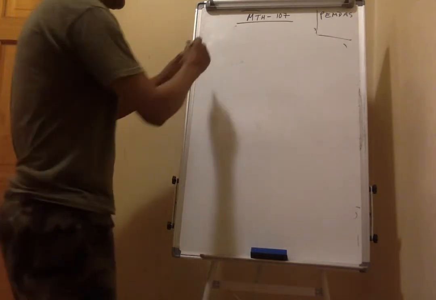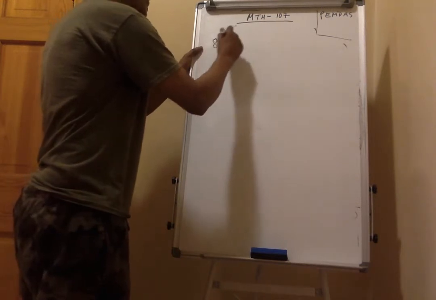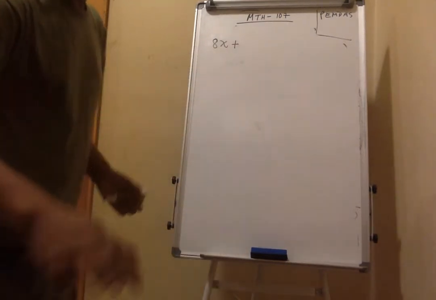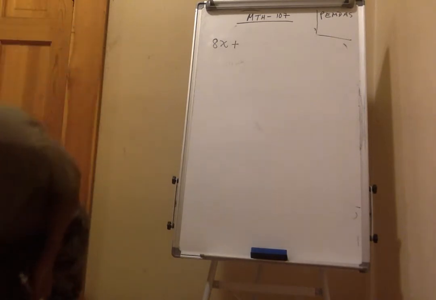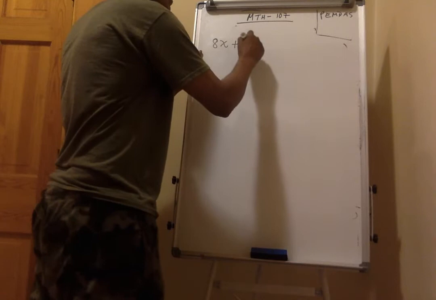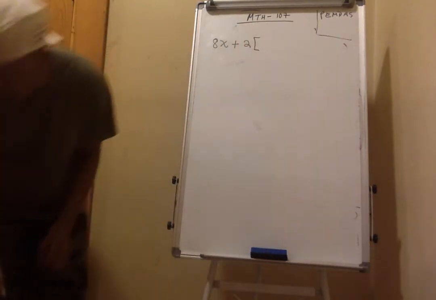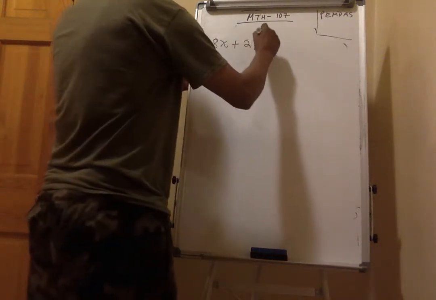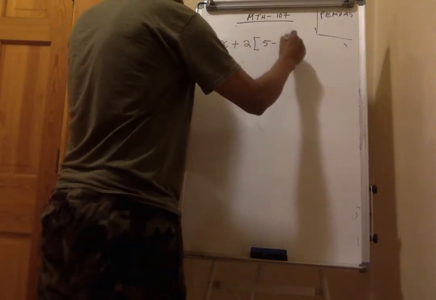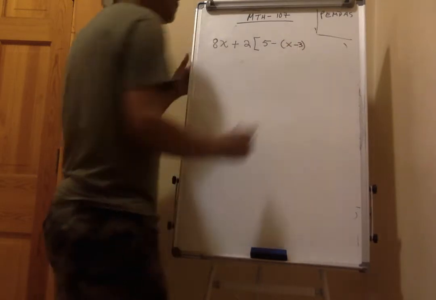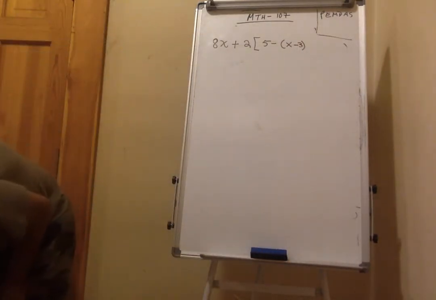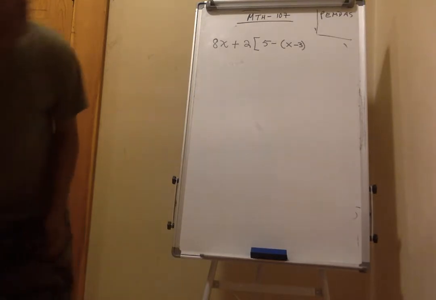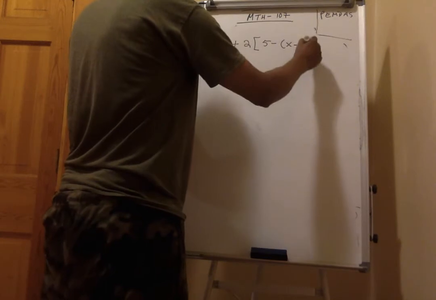Suppose I have 8x plus 2, then I have a bracket, then 5 minus x minus 3, and everything closed.